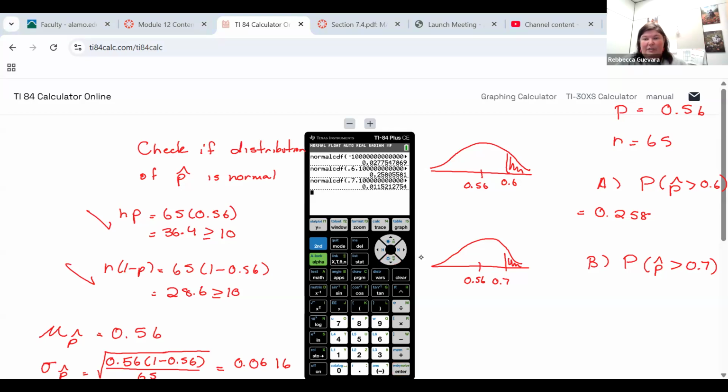And here, the probability drops significantly. We got a probability of 0.0162. So here we're saying that if I have a group of 65 people, and about 70% of them go to the doctor, the probability of that happening is about 1.6%.